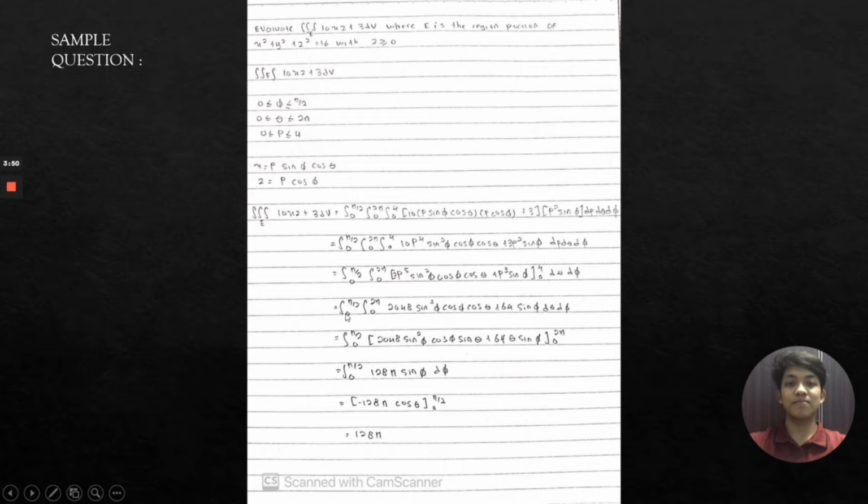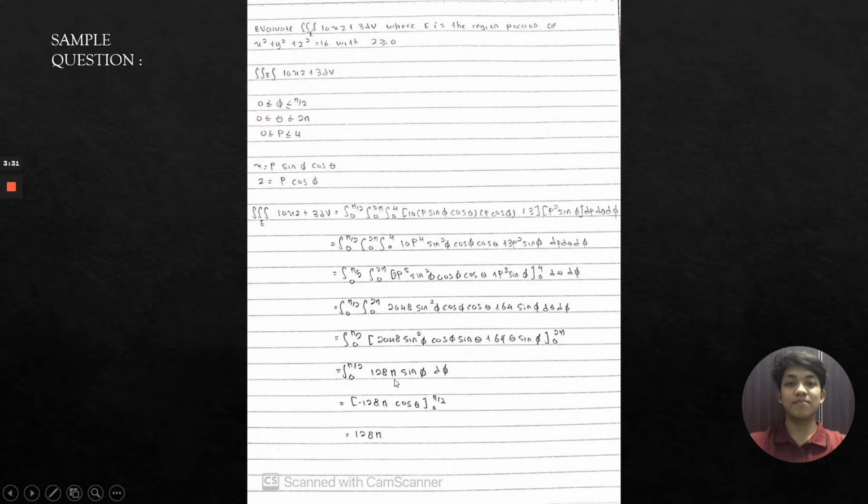Then do the second integral, which integrates over theta, and then we get this equation, and substitute the values of theta with 2 pi and 0.